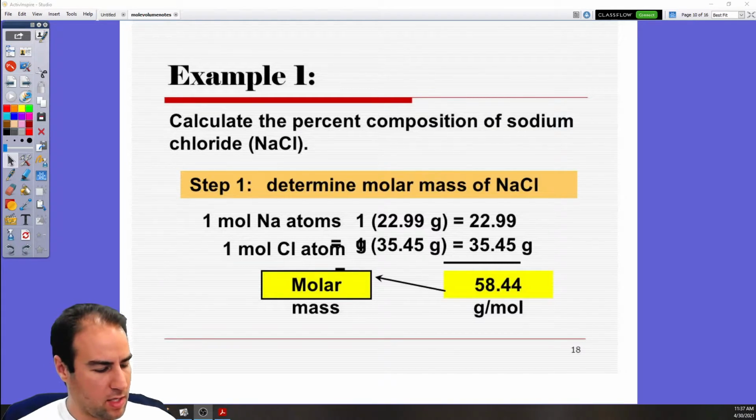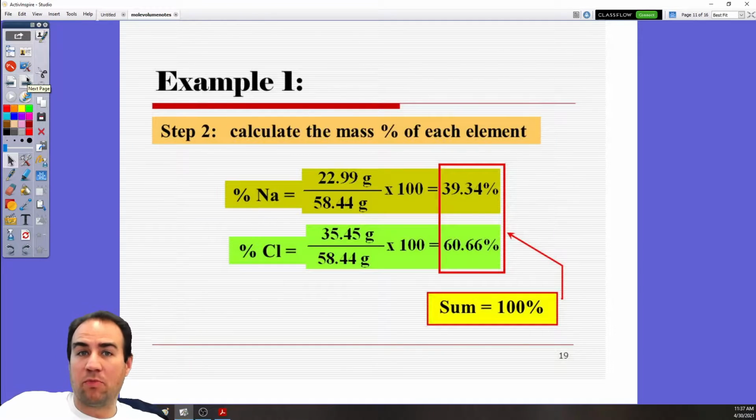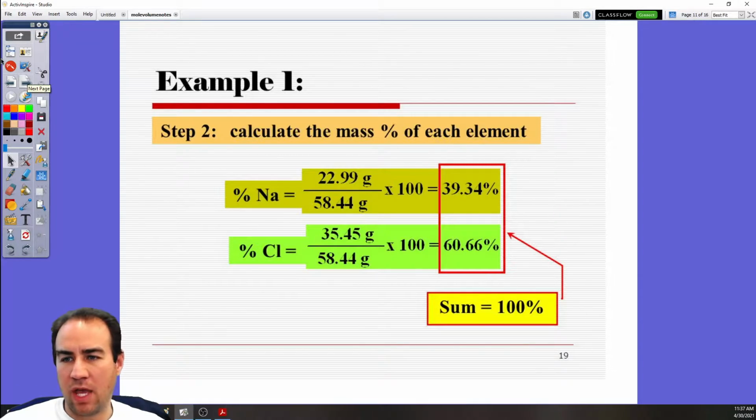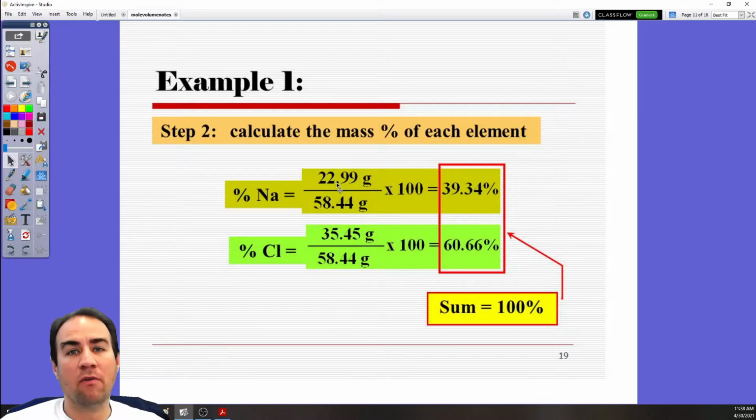The next step is to calculate the percent of each of those elements. For sodium, the mass of one mole of sodium is 22.99 grams. You divide that by 1 mole of sodium chloride, which is 58.44.